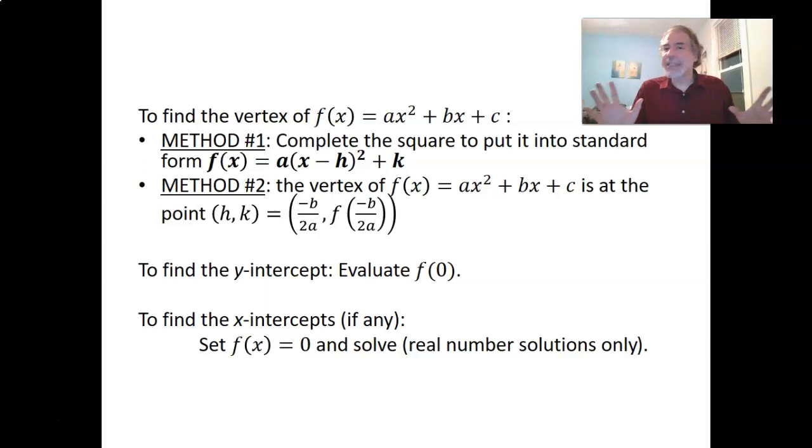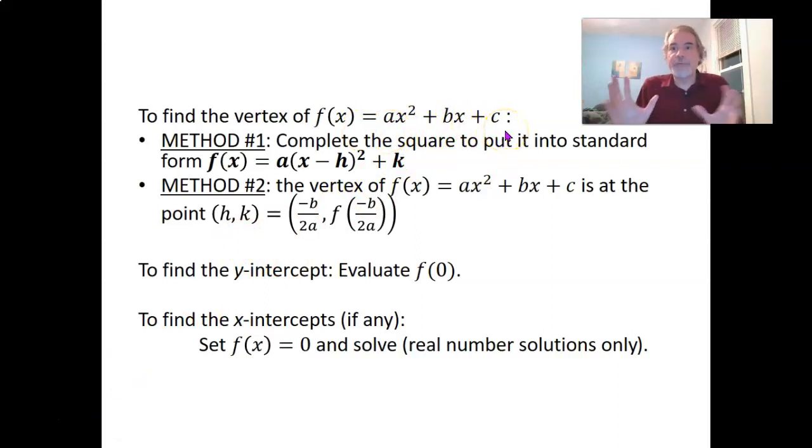To find the x-intercepts, and there might not be any, but if there are, the way to find them is take your function, set it equal to 0, and solve. Remember, x-intercepts are points where y is equal to 0. On the graph, the y-coordinate is the value of f of x. So we're looking for points where f of x is 0, and f of x is your function.